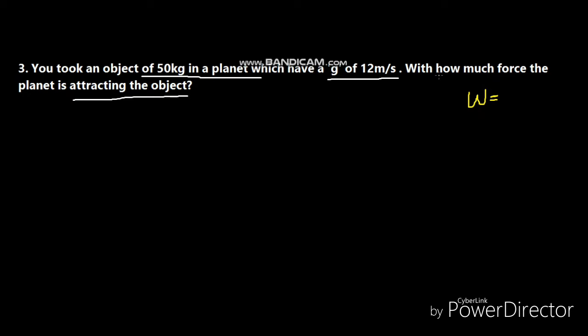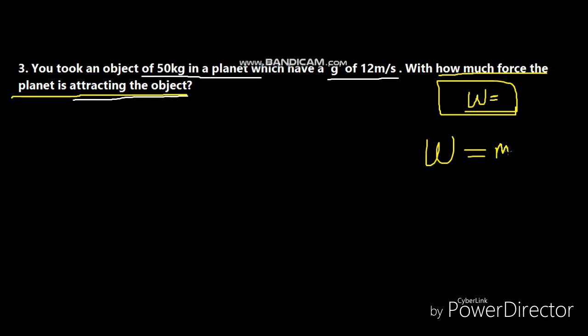So this problem is actually asking for the weight. Why? Because the force the planet is attracting the object with is actually the weight of the object. So we can use the formula, weight is mass times g, or mg.